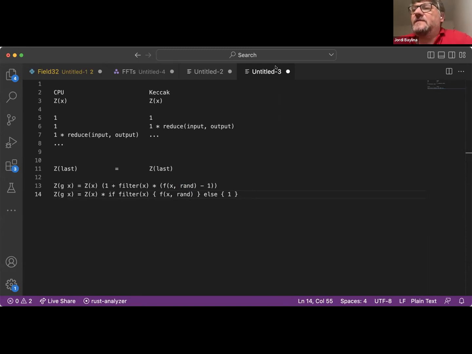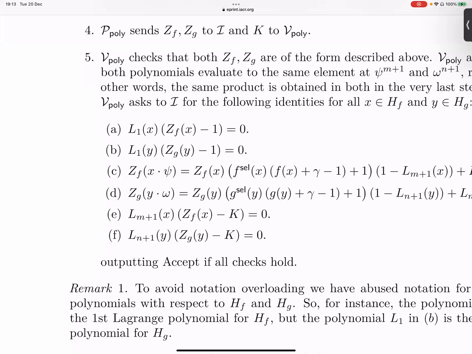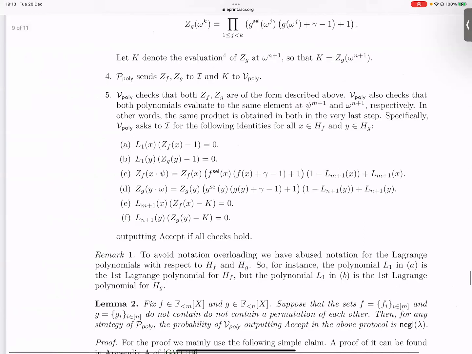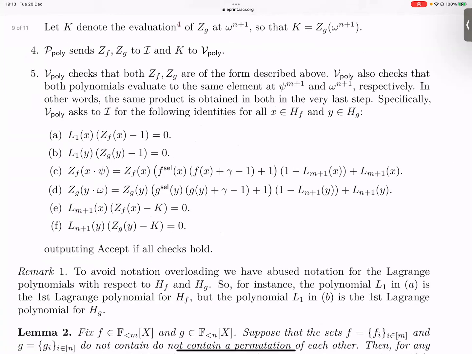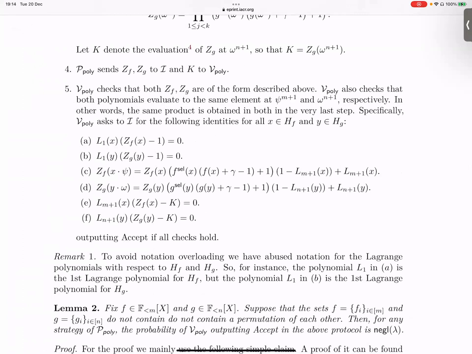The formula is here. Okay. So in the first two equations, you are just checking that the first row is 1 in both of them. This other one is the Lagrange one, so that means that when the first row is 1 and the other is 0, the ZF must be 1 at the first row. In C and D, it's for the left and the right side. What we are doing is this grand product, and here we're multiplying by.